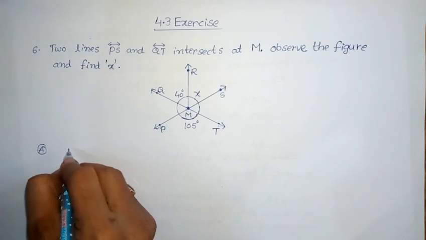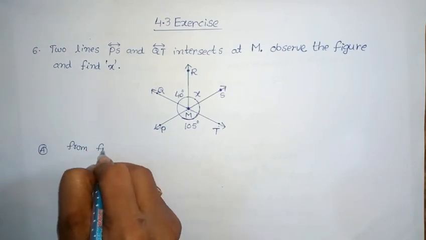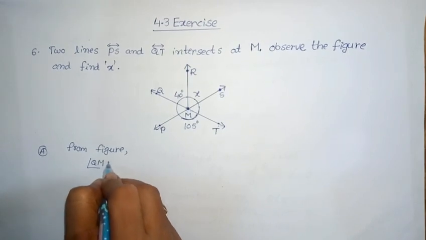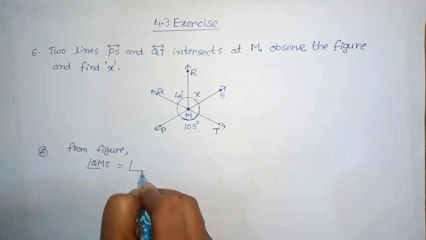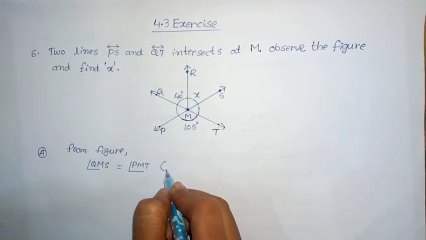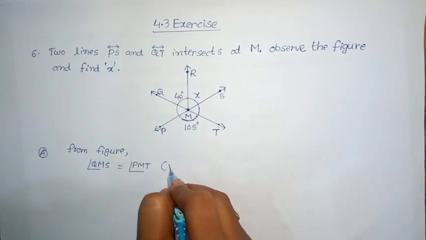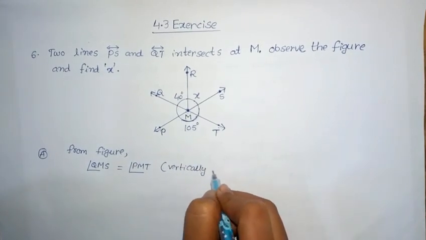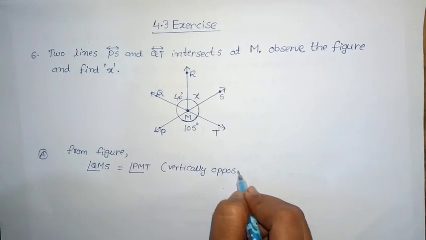So write that from the figure, angle QMS is equal to angle PMT. Why? Because these two are vertically opposite angles. So vertically opposite angles are equal.